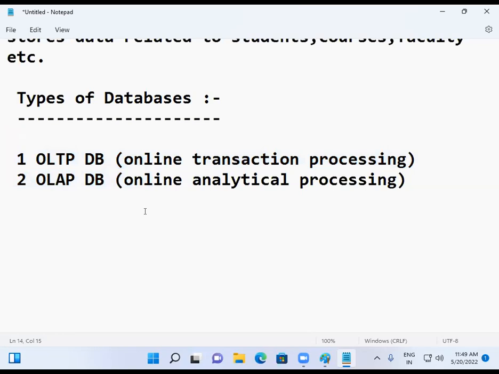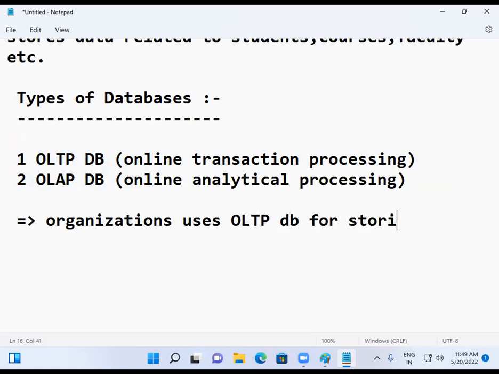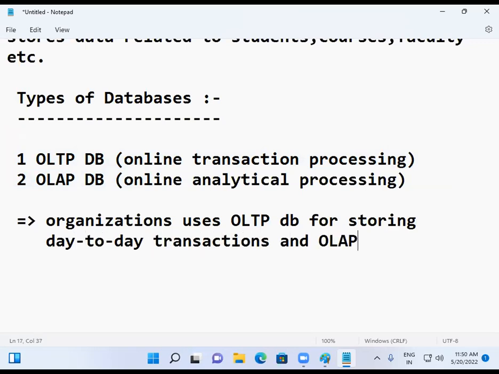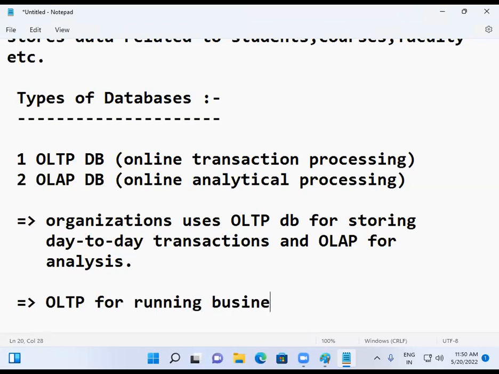Organizations use an OLTP database for storing day-to-day transactions and OLAP for analysis.